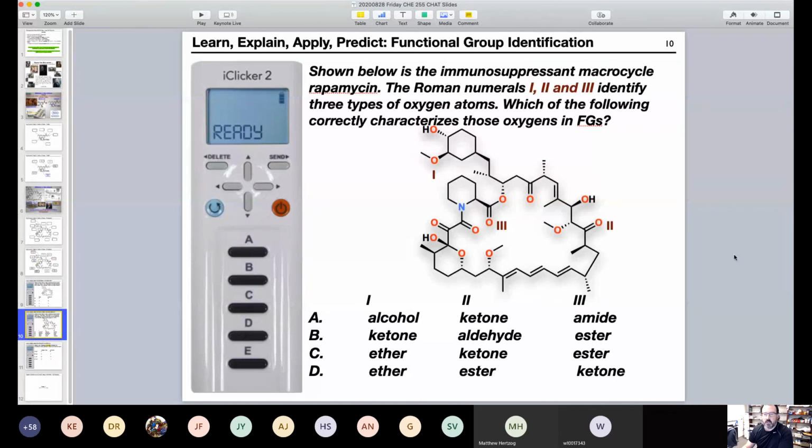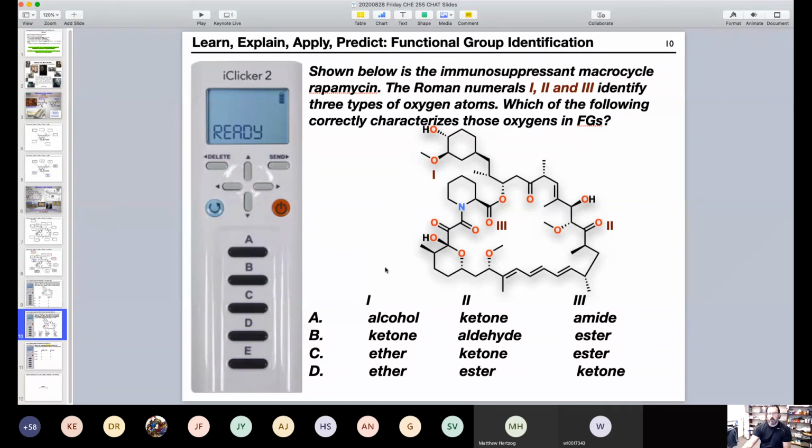So here's another question. We sort of already answered this one, but let's, in the chat box, type a letter. Again, if you were taking the exam face-to-face Monday, this would be a type of question that I would write and you would see on the exam. So the Roman numerals 1, 2, 3 are pointing to different functional groups.